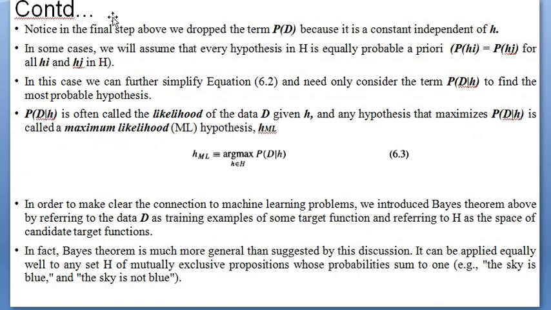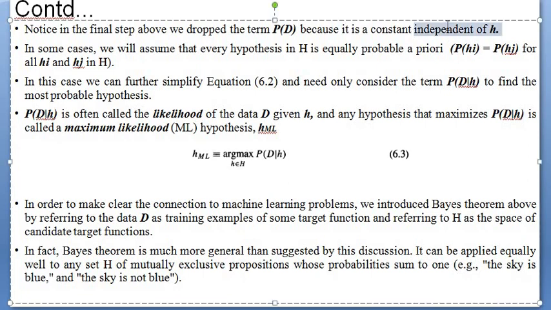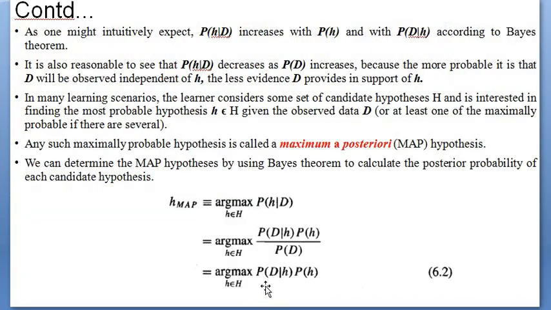As you can see here, notice that in the final step we have dropped the P of D because it is constant and independent of H. So it is constant, hence we can remove it or eliminate it, and this becomes the formula for H MAP, that is the maximum a posteriori hypothesis.